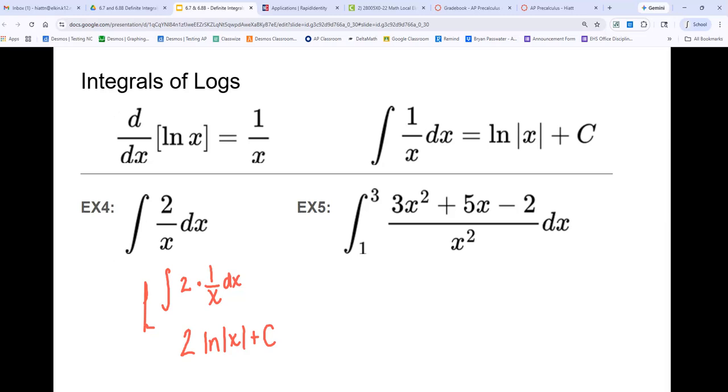I'm not going to do all of 5, but I want to show you how to set up 5. This looks terrible right now, right? But what could I use to break this down so it wouldn't be quotient rule looking? I could either move that x squared up to the top and make it x to the negative 2 and distribute. Or you may think of it like the love connection, although it's going to be a triple love connection.